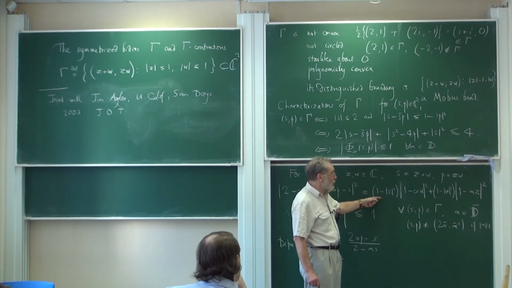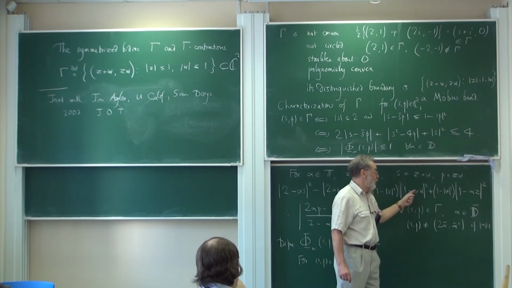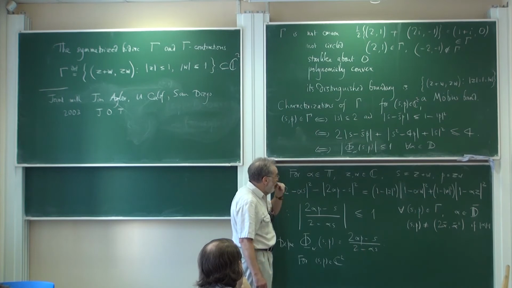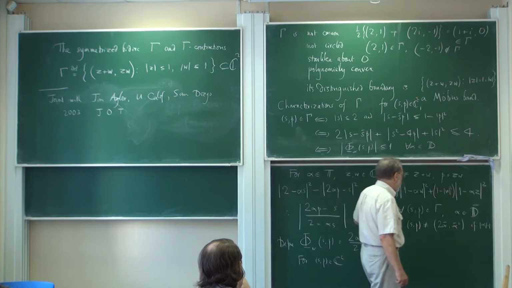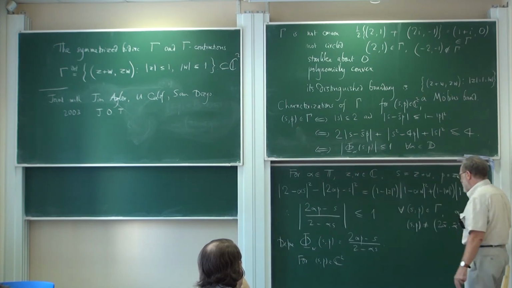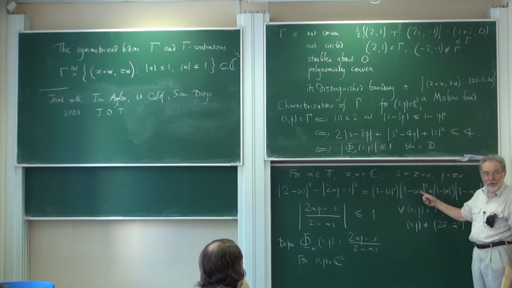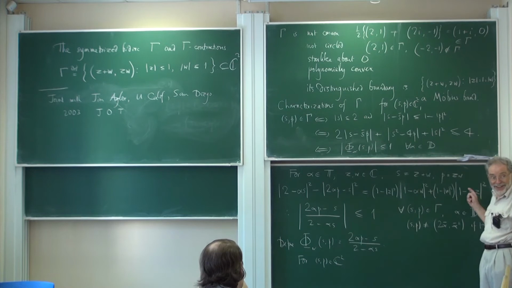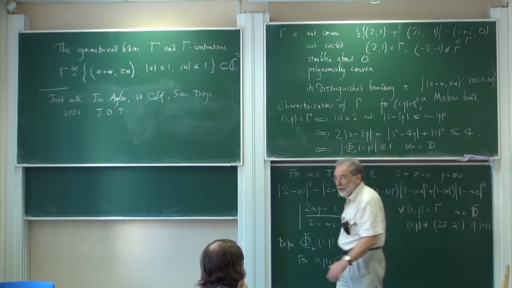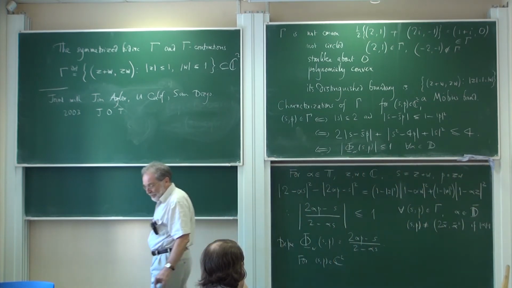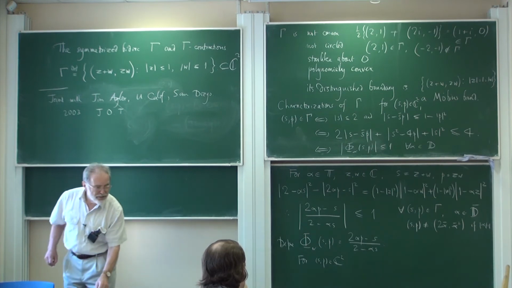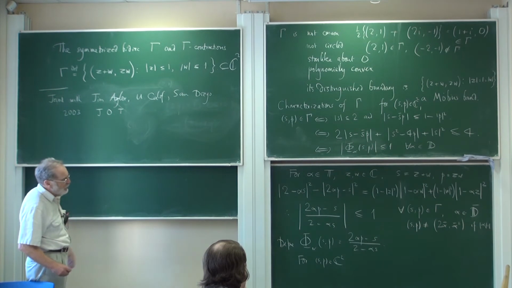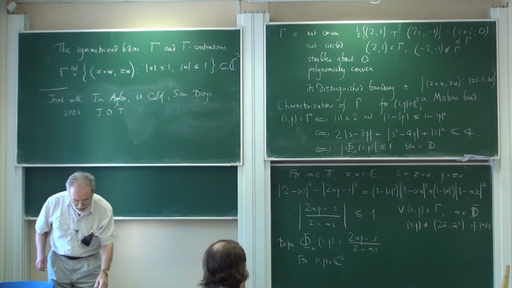If mod w is greater than 1 as well, then of course that's the sum of two negatives, and that would prove it. But if mod z is greater than 1 and mod w is less than 1, I guess you would have to fiddle around to show that you could choose an alpha that made this one bigger than this one. I hope something like that would work. That's not how it was proved in our paper, but it ought to be possible to do it that way, I would think.